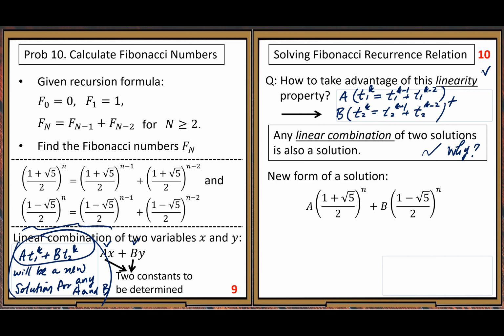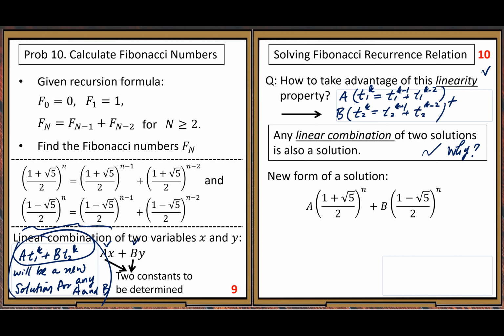And this is only true when the equation is a linear equation. If it's a non-linear equation, you cannot do this. Even if you do it this way, you won't get a new solution. So only the linearity property can preserve that solution property.